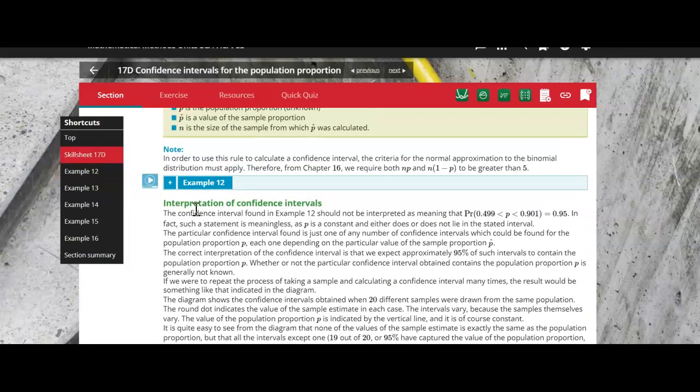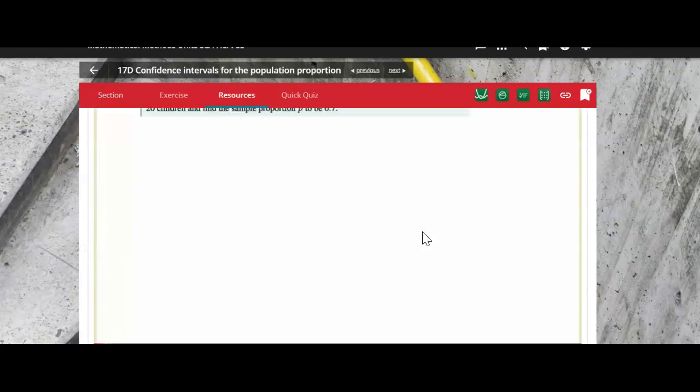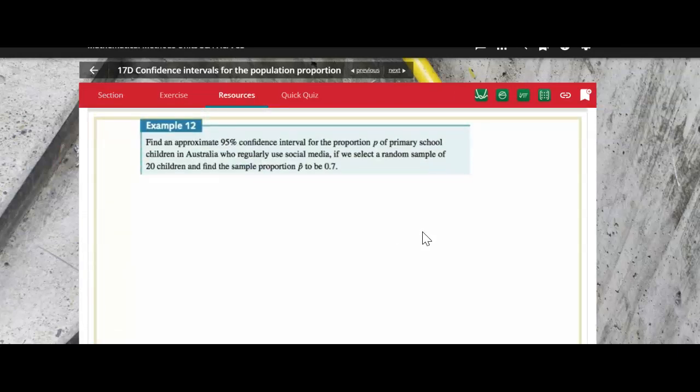Let's go back to example 12. This question is asking for the approximate 95% confidence interval for the proportion of primary school children in Australia who regularly use social media. We've got a sample size of 20 students, and the proportion of these students who do use social media is 0.7. So we've got p hat as 0.7 and our sample size of 20. To find the lower bound of our 95% confidence interval, we use this formula here.